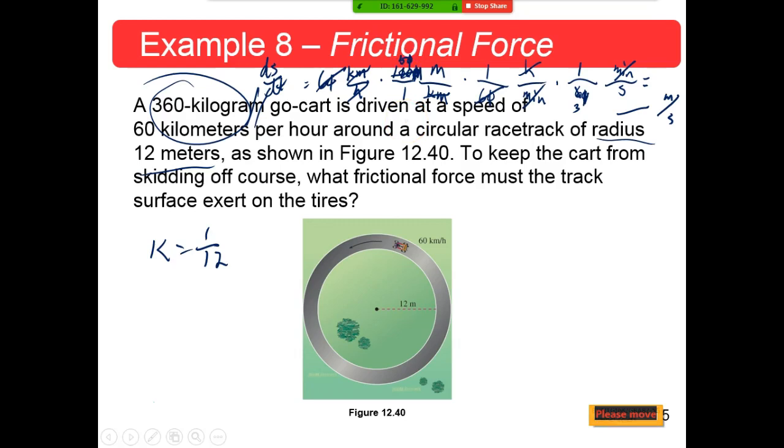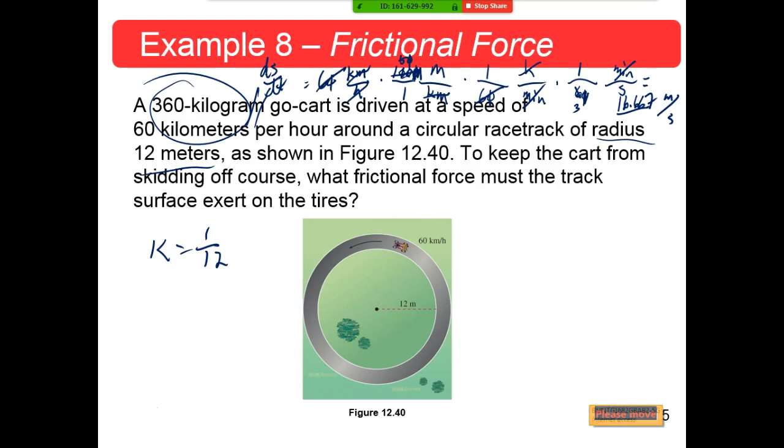So 50 divided by 3 would be 16.667. That's way more digits than we need, but we're okay with it. So that's your meters per second. And that's your ds/dt.